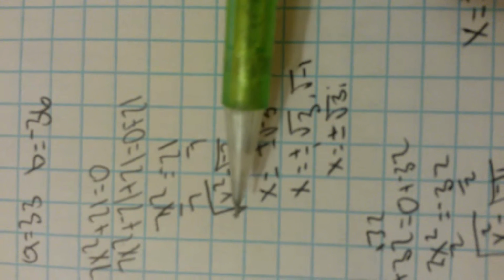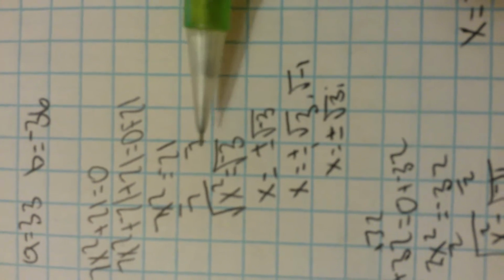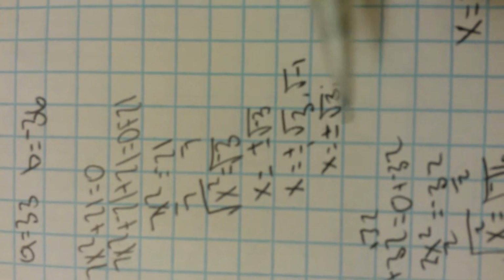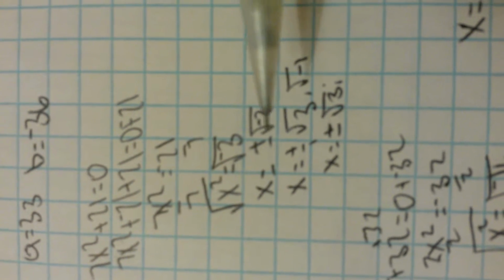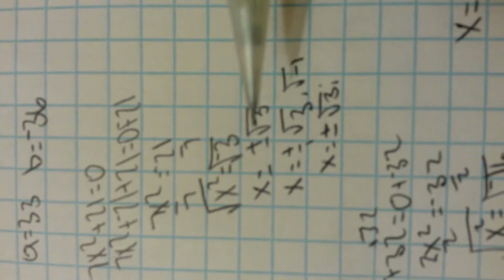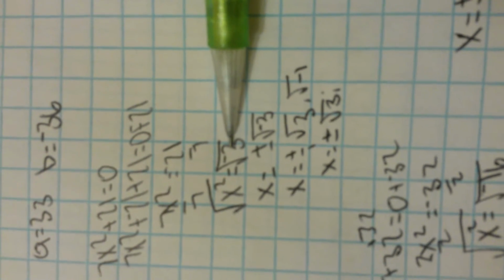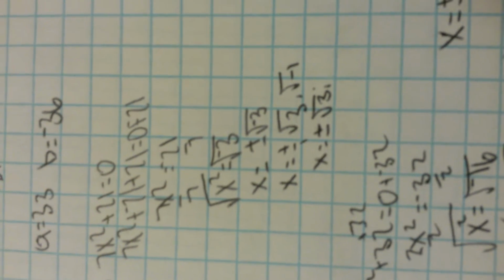So to get the x alone, you have to take the square root, because that's the opposite. So now your x will equal plus or minus the square root of -3. It will be plus or minus because -3 doesn't have a perfect square root, you should say.